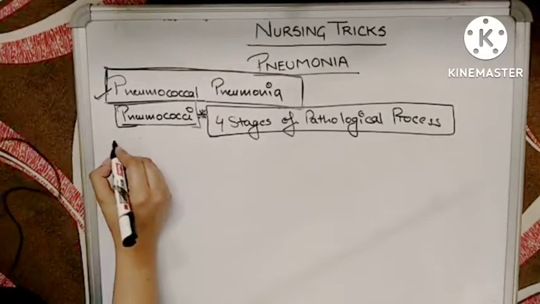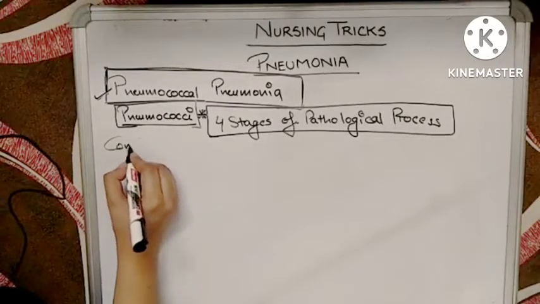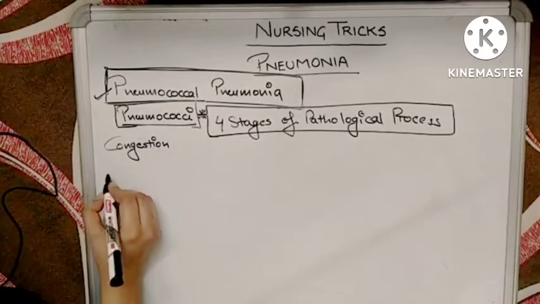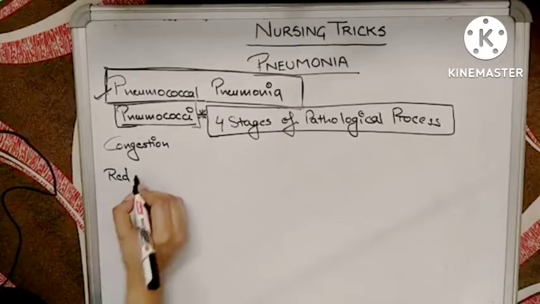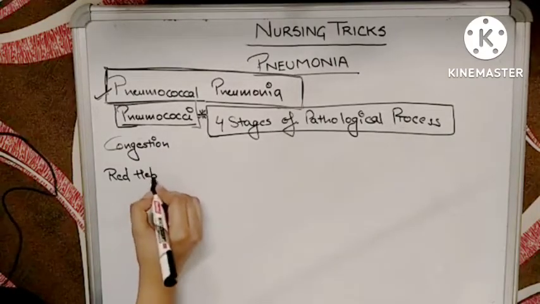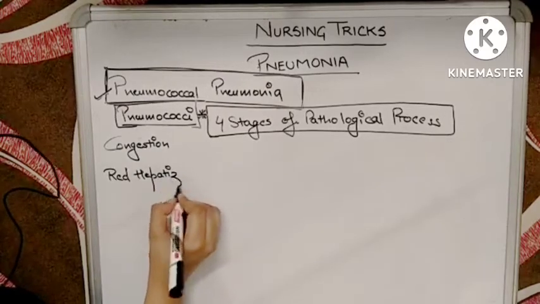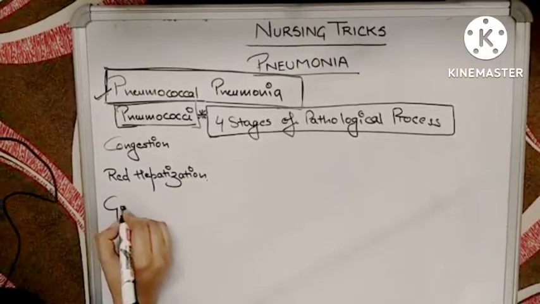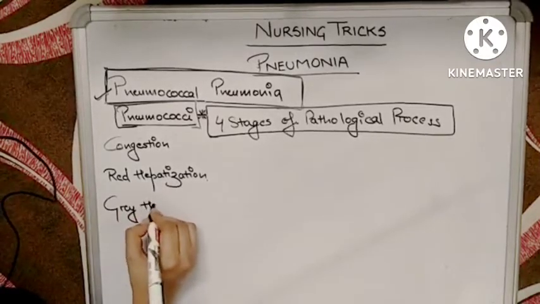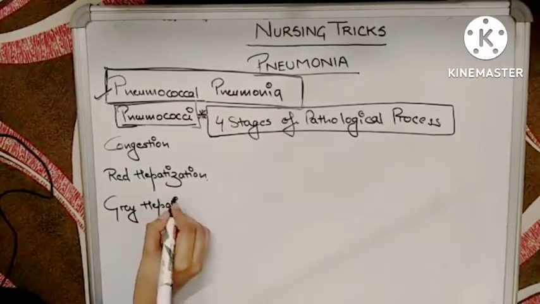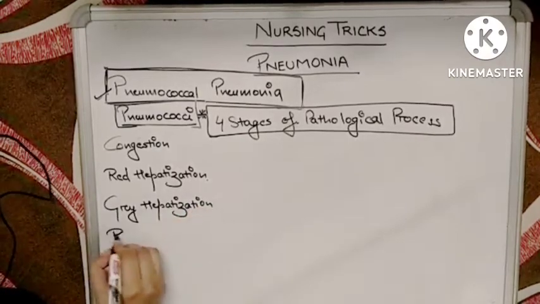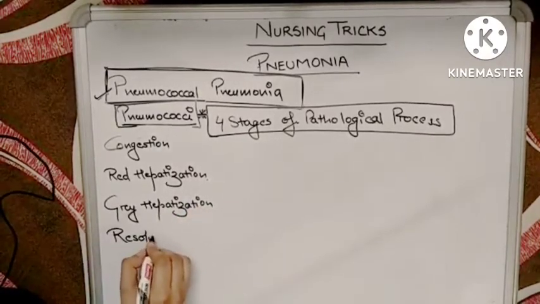So first of all, there is congestion, and then there is red hepatization, then there is gray hepatization, then there is resolution.